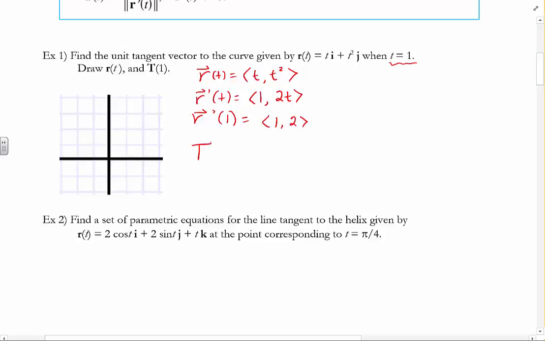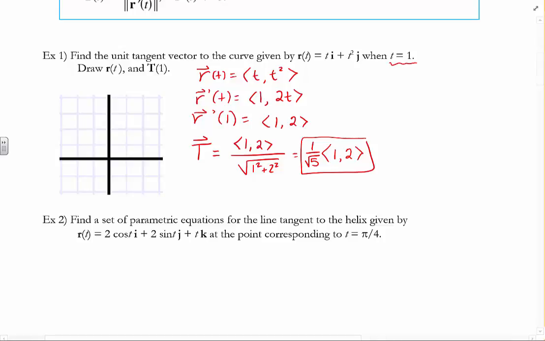So the unit tangent vector is just r prime over its own magnitude, which is going to be <1, 2> divided by the square root of 1 squared plus 2 squared, which is going to be 1 over radical 5 times <1, 2>. Ta-da!